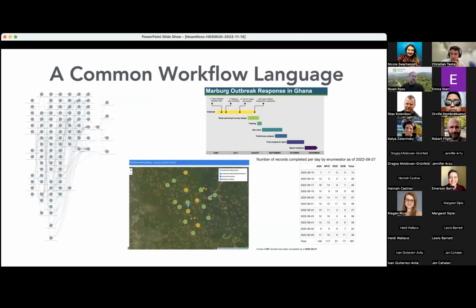And we were able to stand up this whole field sampling operation in just a couple of months because of these automated workflows that let us begin the analysis as soon as the field sampling was started. The information flowed in, it was QA'd, we could see what the teams were covering, and we could see the number of records coming in, and we could start building the structure for our outputs even before the site visits were done to make sure they were accomplishing what needed to be accomplished.